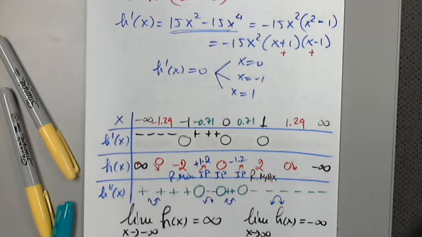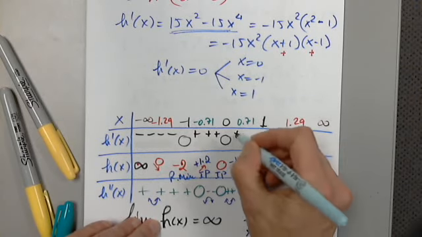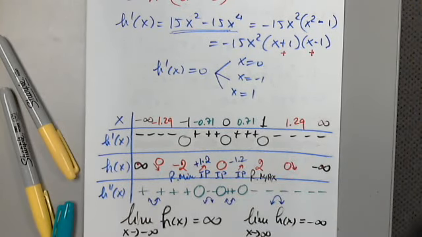Before that point, what will be the sign of the first derivative? And after that point? Negative. That's what the second derivative test says.